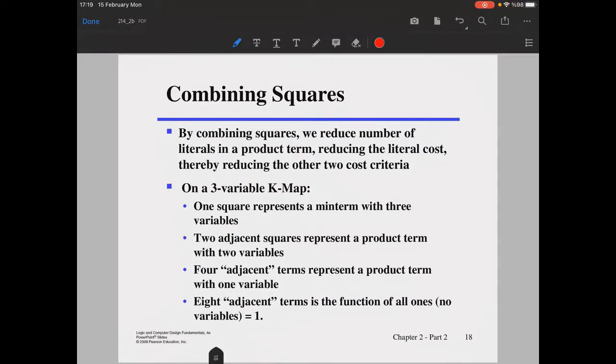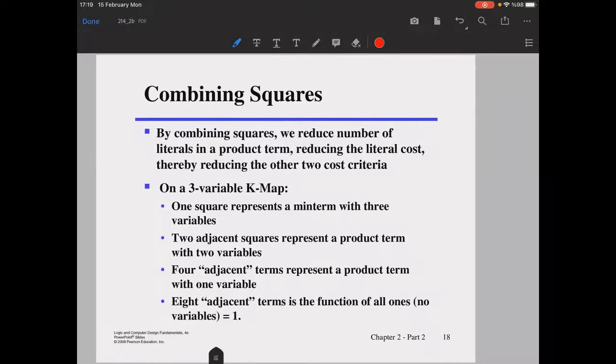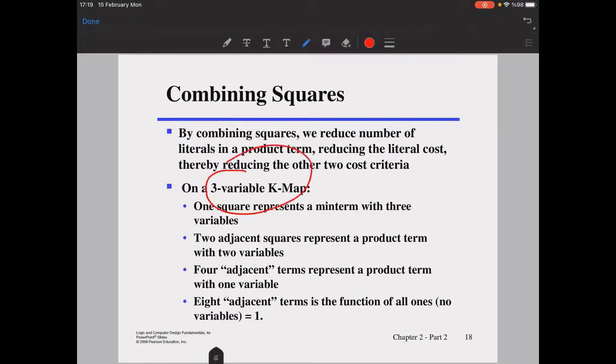So by combining squares, we're trying to reduce the number of literals in a product term. One square represents a minterm with 3 variables, of course in 3 variable maps. If we combine 2 of them, then we reduce to 2 variables.